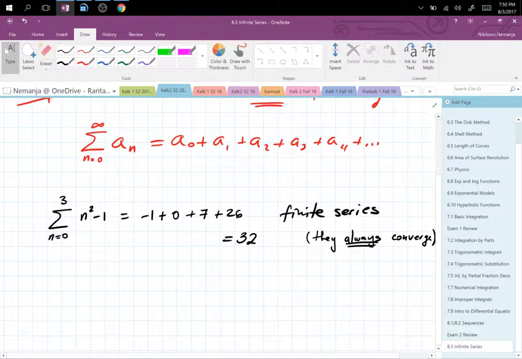So in some cases, we will be able to compute the number they converge to, and in some cases, we will only know if they converge or diverge, and that's it. We don't know what they converge to.